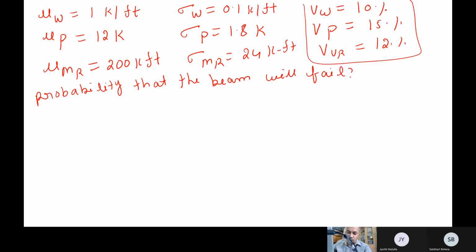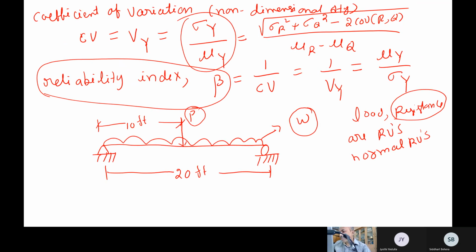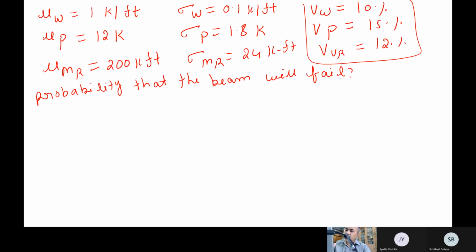As already said, you have a simply supported beam subjected to a concentrated load and a UDL, and the span and other details have been given. Load and resistance are all random variables, and all of them are normal random variables. These statistics have been provided to you. Now you have to find out the probability that this beam will fail.